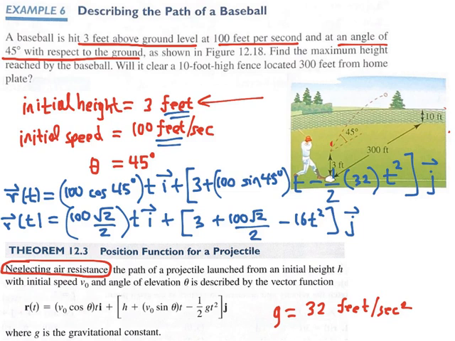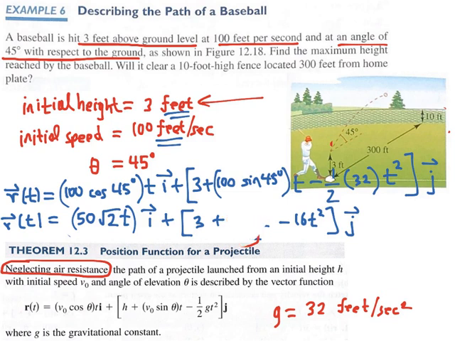And of course you can simplify even further, because here you have 100 divided by 2, which would be 50. So you really have just 50 square root of 2 t i. And then here you also have 100 divided by 2, which is 50.